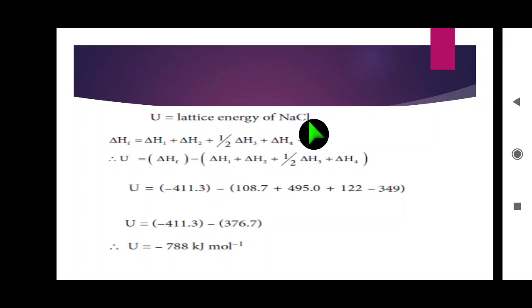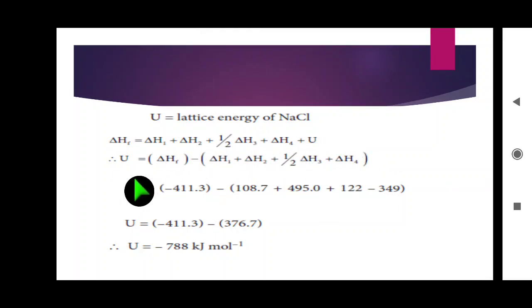Now you need the lattice energy, so delta H1 plus delta H2 plus half delta H3 plus delta H4 has to be subtracted from delta HF. So U equals delta HF minus the bracket of delta H1 plus delta H2 plus half delta H3 plus delta H4.